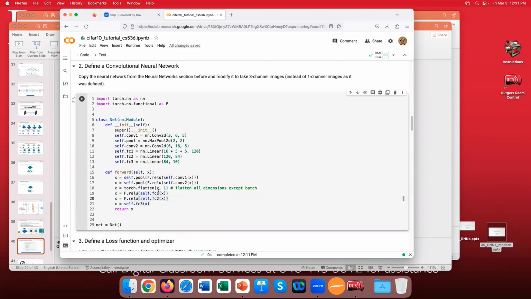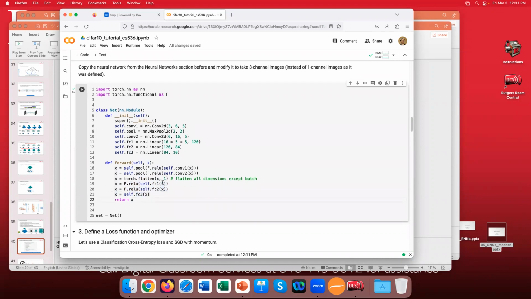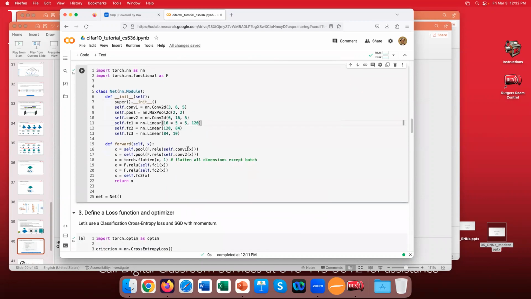You go through a fully connected layer, and the ReLU, and a fully connected layer, and ReLU, and the final fully connected layer. This is going to be your output. Okay. And this is basically the most important part in the PyTorch code to create a network. Any very complex network is usually created using this code structure.